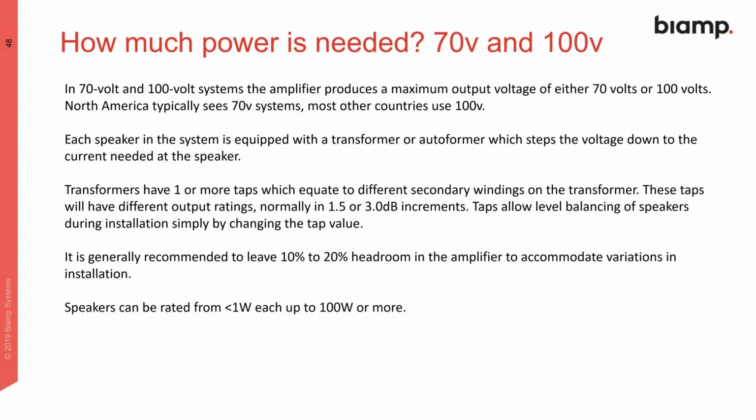We're seeing some systems that are 140 volt for driving really large speaker configurations. If we're doing football stadiums, racetracks, things like that, where we've got to drive a kilometer of cable, you might need a higher voltage rating.